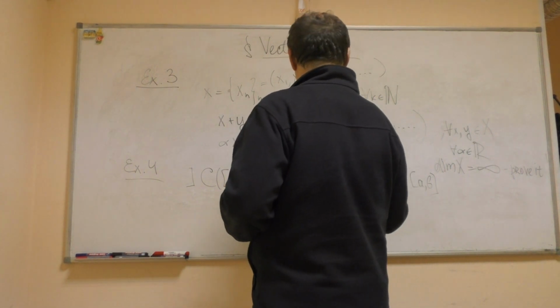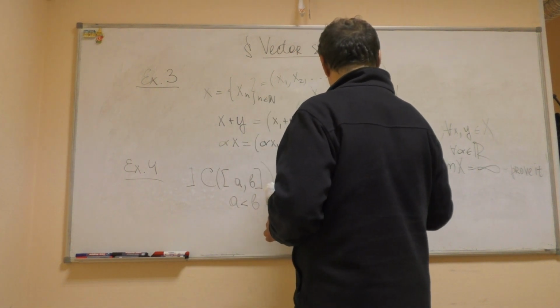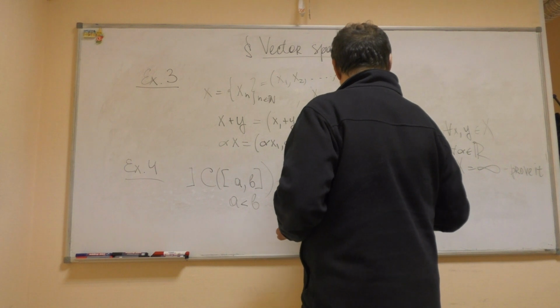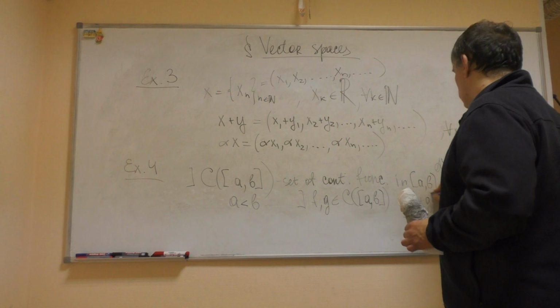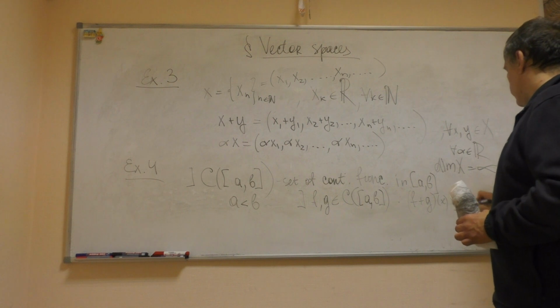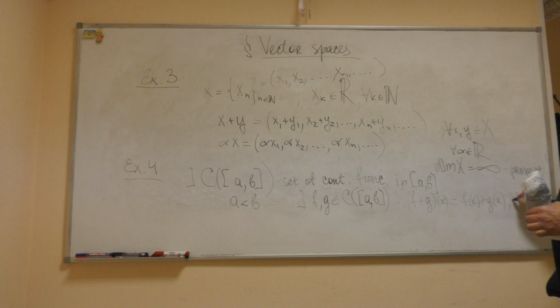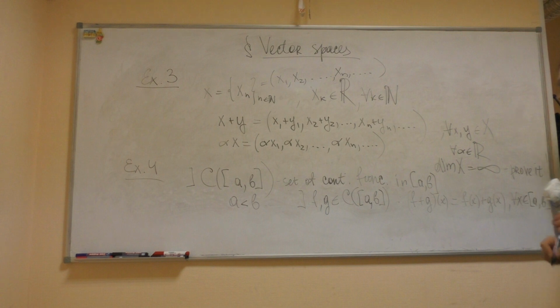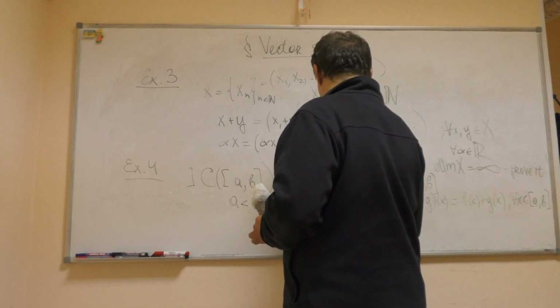Let us have two functions f and g from this set. Then the sum of these functions is defined element-wise, so it's f of x plus g of x for each x from the segment. And the same for the product.